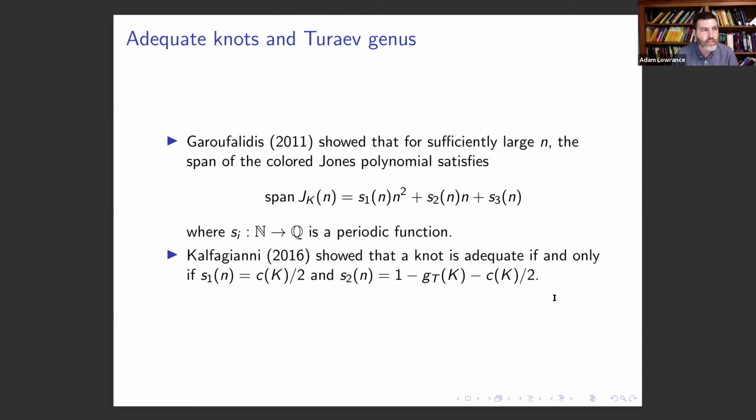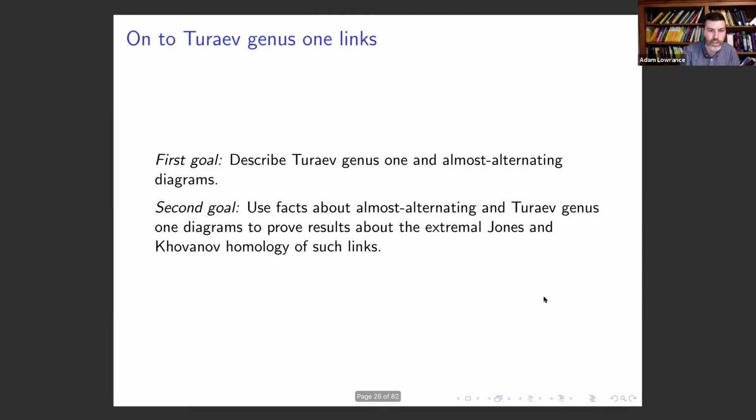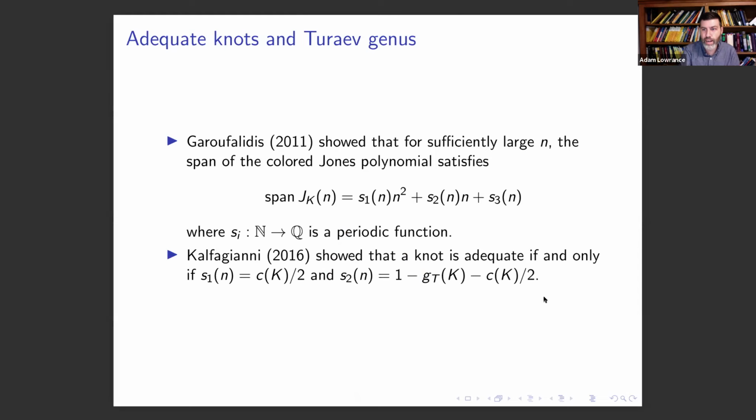Yeah, that makes sense. Having the adequate knots realize these bounds is one direction that's really interesting, and I think it comes from these cables. But the other direction, which shows that if you meet the bounds in this certain way, then you are adequate, I think that's the big new contribution of Kalfagianni's paper here.